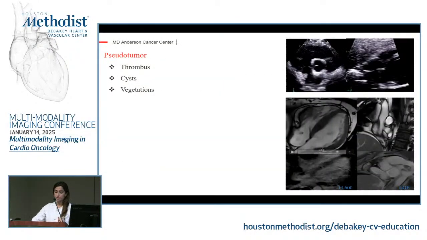Pseudotumors, I'm just going to focus on the first part of it, which is the thromboses. Cysts and vegetations. For vegetations, it's echo, echo, then echo, with one exception. Prosthetic valves, there is a very important role for PET imaging for assessment of endocarditis there. Cysts are commonly delineated on echoes, very common features on CTs.